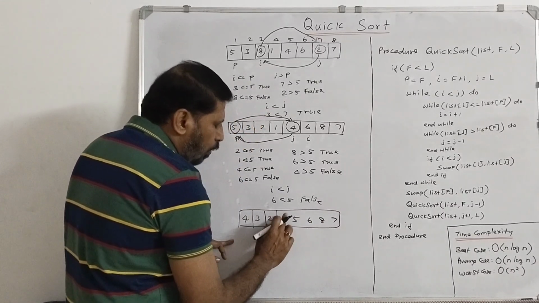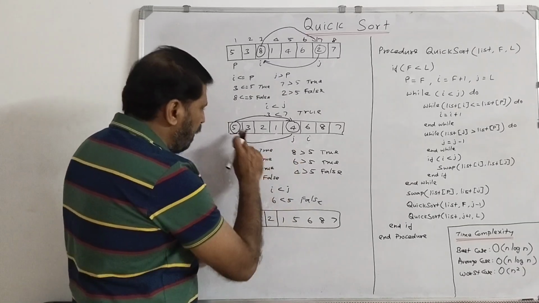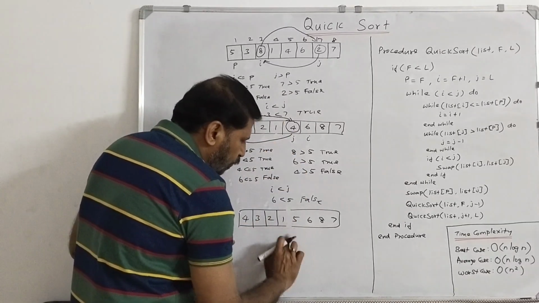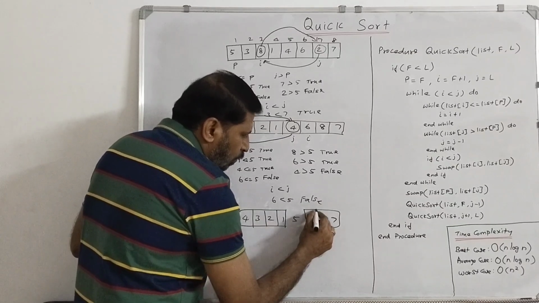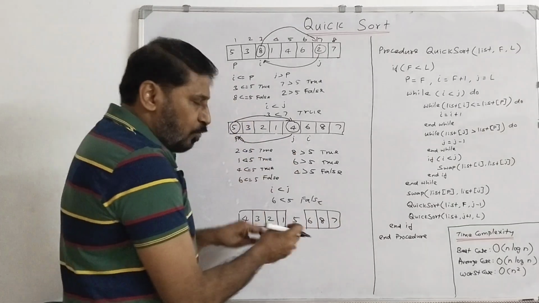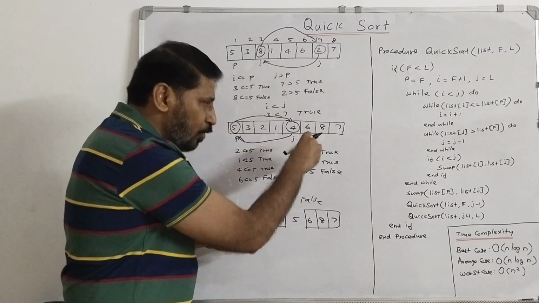Is the point clear? After interchanging, we assume that 5 is sorted. Why is 5 sorted? We are placing the pivot element into the appropriate place.